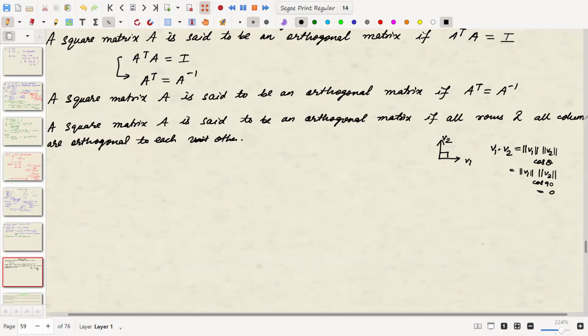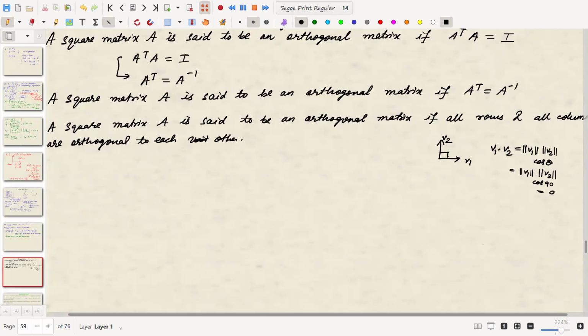Yes. Why are you surprised? Cos 90 is 0. So if two vectors are mutually perpendicular or orthogonal, the dot product is 0. Now, something more is there to this.